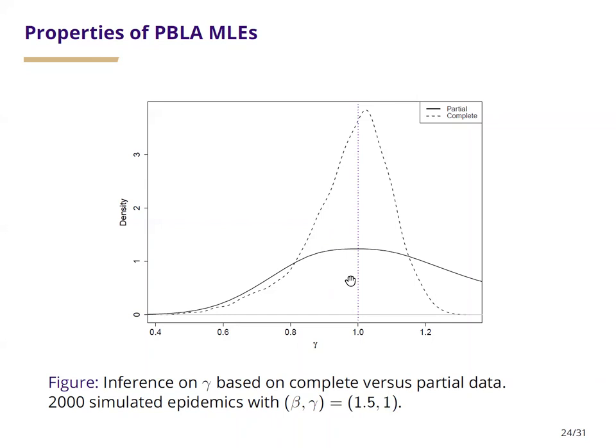Now, during my actual exam, my oral exam, the comment was, well, it's no surprise that the complete data is better. The complete data has more data. And I definitely agree. I think my comment here is really, what is it that we can really hope to observe about the partial epidemic? Now, if you think about it, you really should have two columns or two rows, one for infection times, one for removal times.